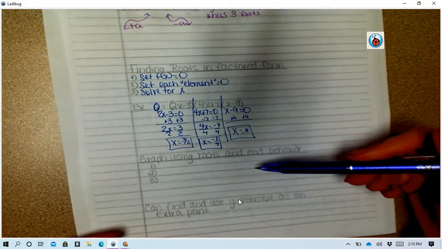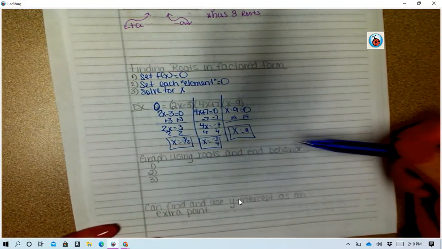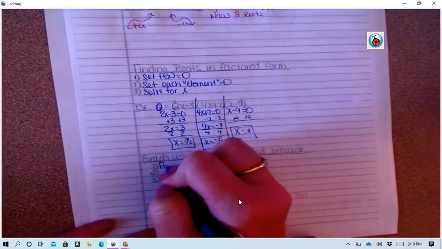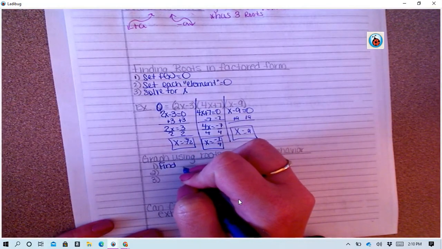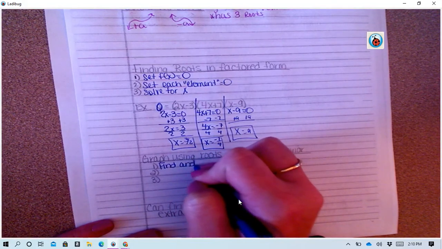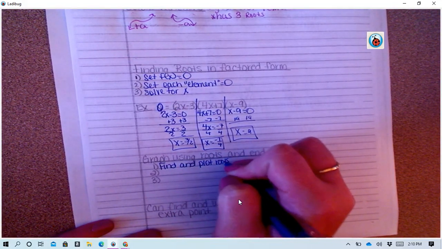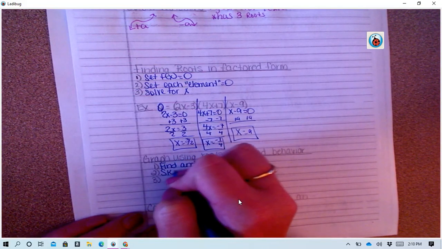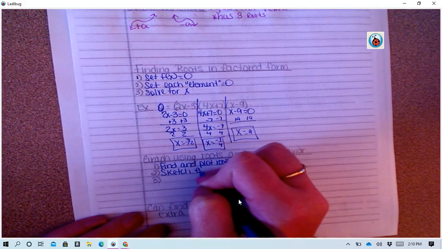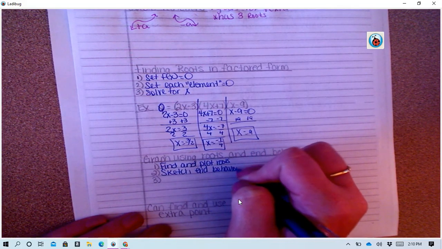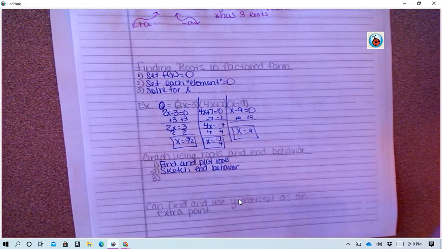Same thing, graphing using roots and end behavior, just like for quadratics. You're going to find and plot the roots. You're going to sketch the end behavior according to your a value.